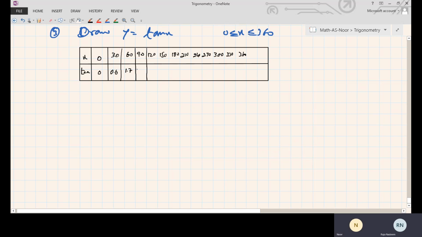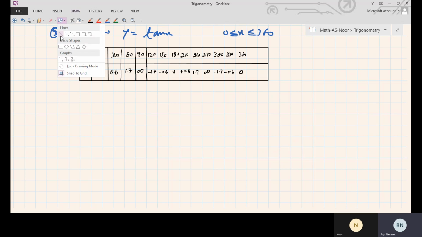It says math error. So whenever you have a math error, you put an infinity sign. Okay, and 120 is in the second quadrant, the answer would be minus, minus 0.6. 180 is 0, 210 is positive 0.6, and 1.7, and 270 is again infinity, 300 is 60 in the fourth quadrant, so minus 1.7, minus 0.6, and 360 is equal to 0.